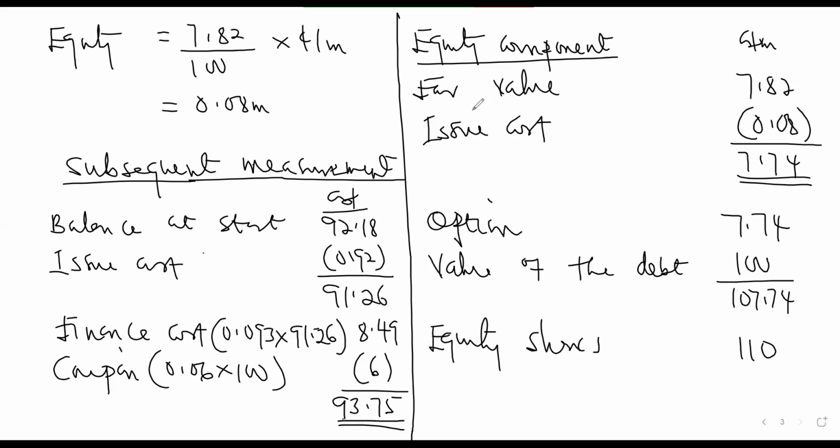The option will always be transferred to equity shares if the option is exercised. So the total amount that will be transferred to equity shares will be the option and also this debt, which is being reclassified to equity shares. So the total amount that we're supposed to transfer to equity shares is 107.74. But how much are we giving to them?